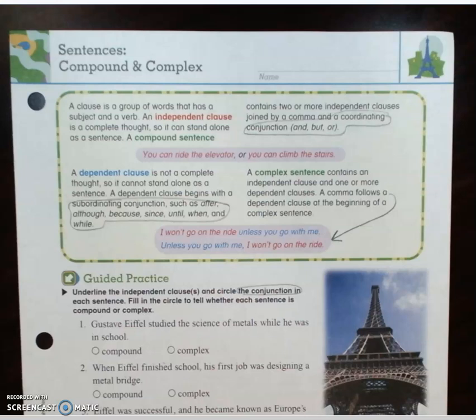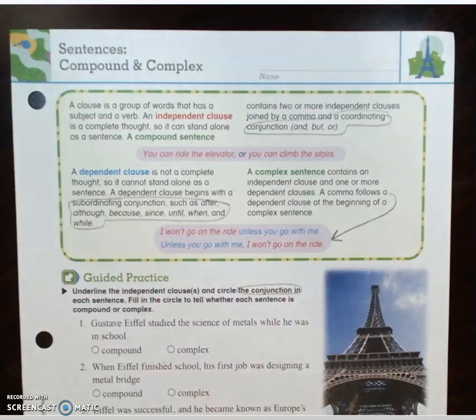Now let's look at the next section right here. It says a dependent clause is not a complete thought, so it cannot stand alone as a sentence. It's not a complete thought. Remember that. A dependent clause begins with a subordinating conjunction such as after, although, because, since, until, when, and while.